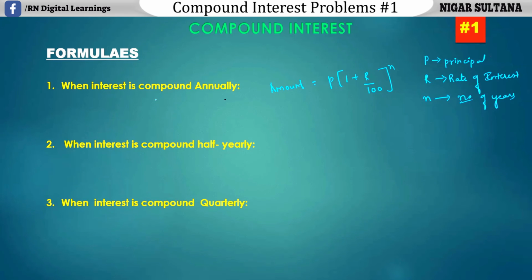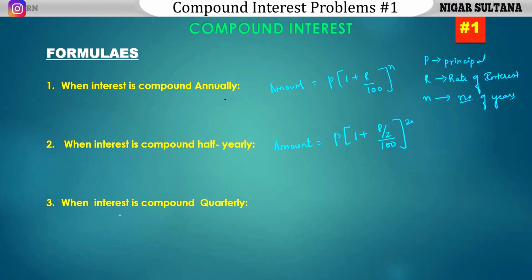Now let's see the formula when it is for half yearly. Amount is equals to P of 1 plus R by 2 divided by 100 to the power 2n. Just for the half yearly, insert R by 2 instead of R, and instead of n, insert 2n.